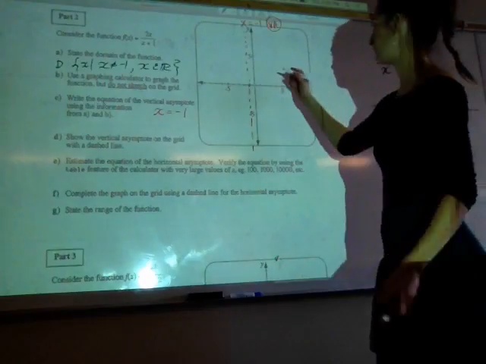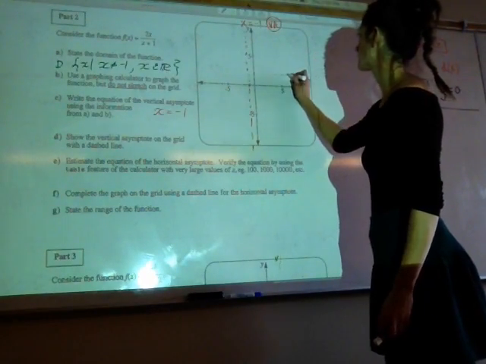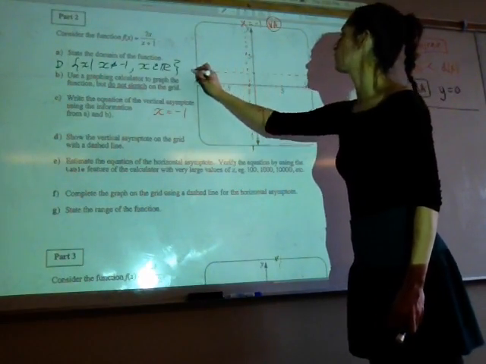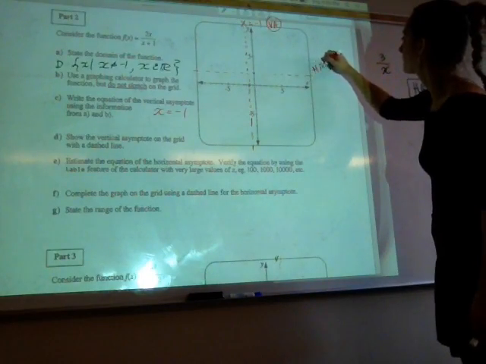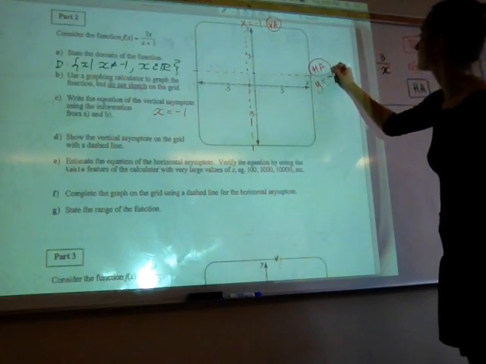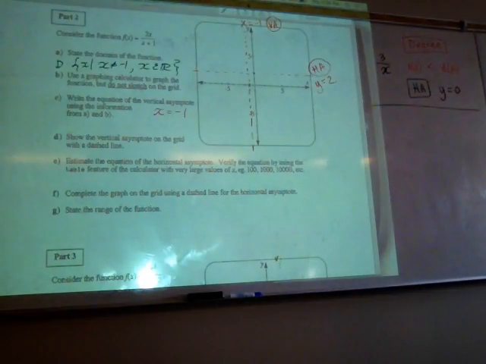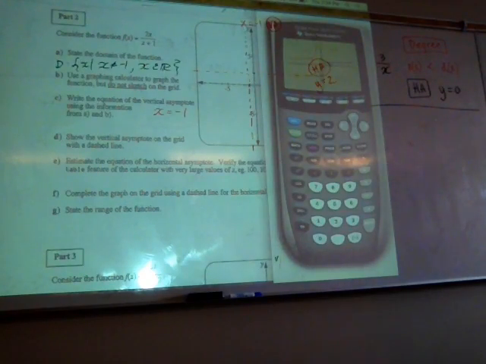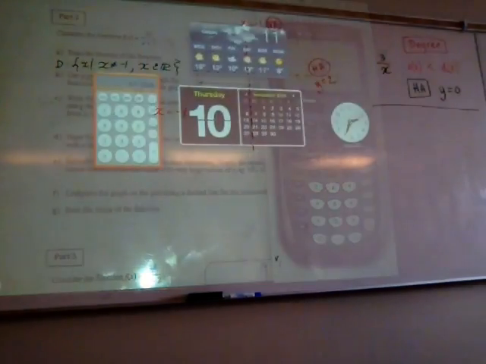So let's draw a horizontal asymptote at x equals 2. Sorry, y equals 2. So now that we've put our restrictions, the horizontal and vertical asymptote, we can draw the shape of the graph.